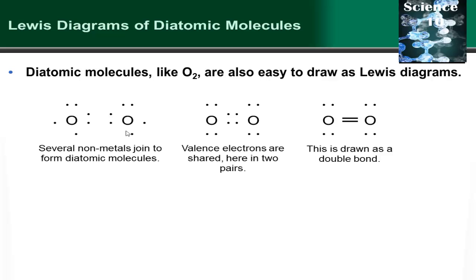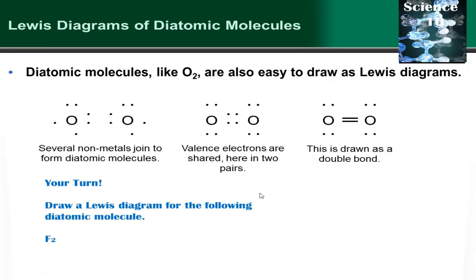To be stable, they can form an octet by sharing 2 electrons in the middle. This, of course, is a double bond. You have 4 electrons. Instead of a single pair, you would actually share 2 pairs. It's called a double bond. And by the way, you can form triple bonds as well. Take organic chemistry, and you'll have all that kind of fun happening.